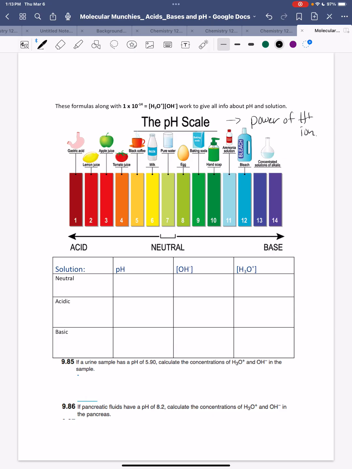You may be familiar with this if you have a water system like an aquarium, where you might have to worry about the pH. If you're a gardener, you worry about the alkalinity or acidity of the soil.